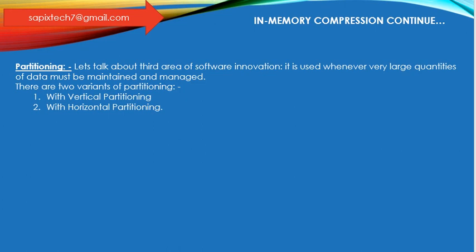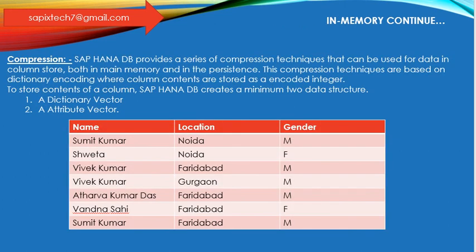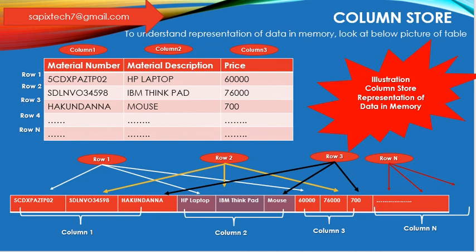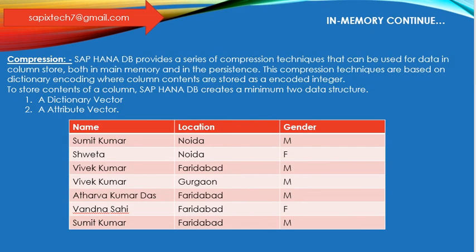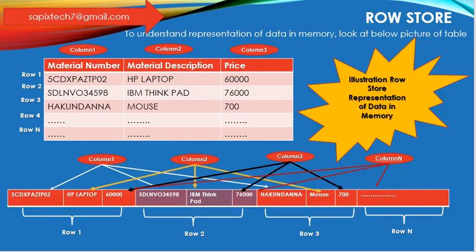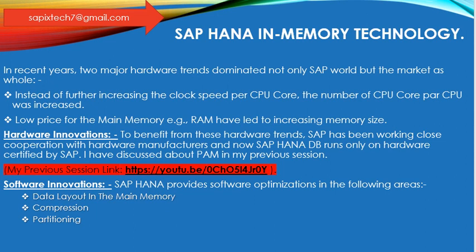So for today, I think I have discussed it. After a short break, I'll discuss everything which I shared right now. I'll discuss the compression technique. I'll show you the data layout in main memory.